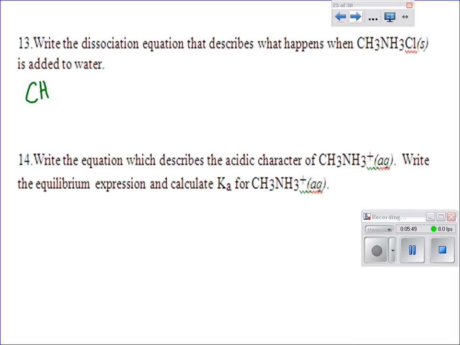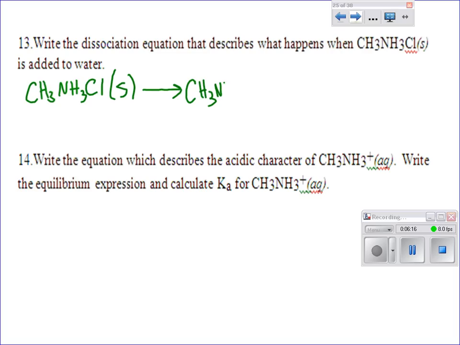So we get CH3NH3Cl. This is a dissociation equation. That means it's still solid and it hasn't dissolved yet. So you're not going to be adding H2O to this and adding the weak part. All you're doing is dissolving this like I did with the first equation. What do I write? Arrow. What ions does this dissolve into?